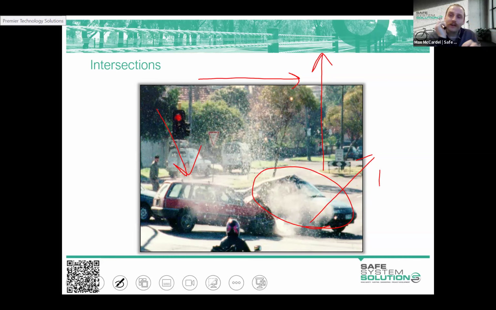The other crash type that can occur within intersections is like sideswipe crashes, basically failing to maintain your traffic lane and accidentally veering off into an adjacent lane, having those sideswipe collisions. Those sideswipe collisions, generally, they are not as severe.